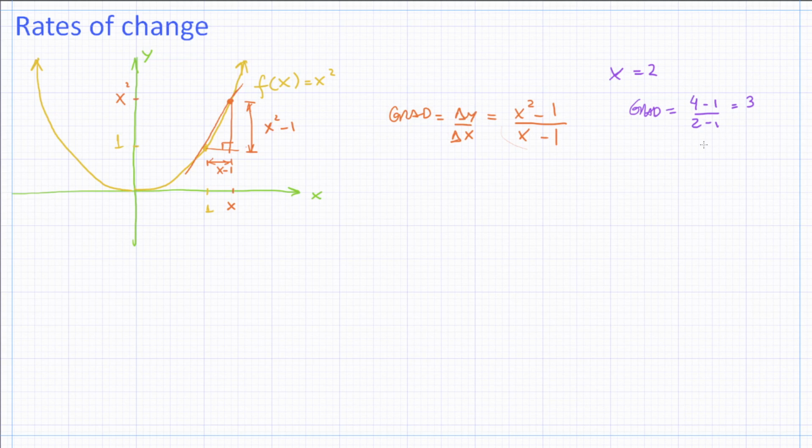So let's do a practical experiment here. Let's design a table and let's try out some values. So I'm going to call this point B just so we have some reference. Okay, so we're going to get the point X. We're going to have the coordinates of that point and we're going to calculate the gradient.